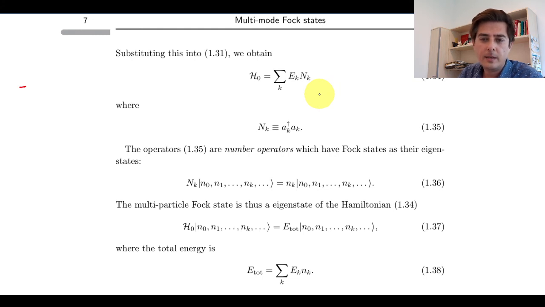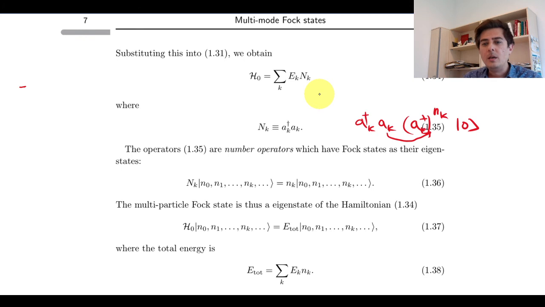This is a lot like what we did in the last section, where we have a k dagger a k, and then when we have a k dagger a k with a k dagger to the power of, say, n k over here, what you do is just commute this operator through n times, and then you get a factor of n. When we do this, we'll actually have a lot more different variables here, but all these other variables commute, so you don't really have to worry about them.